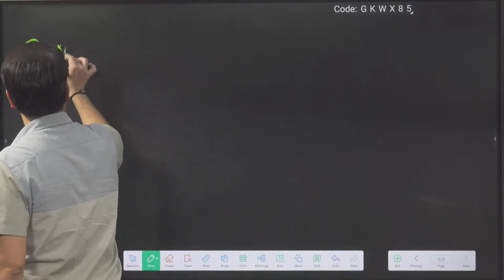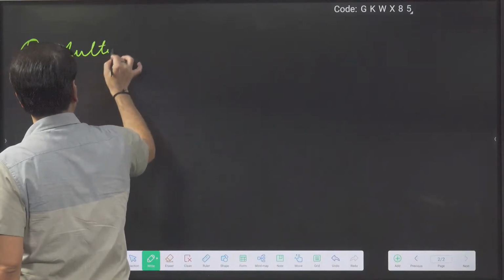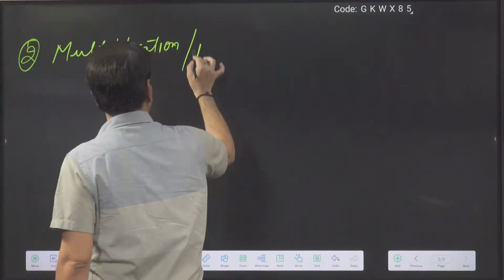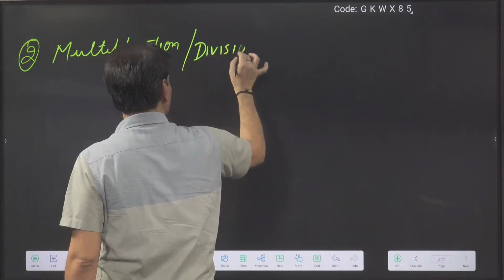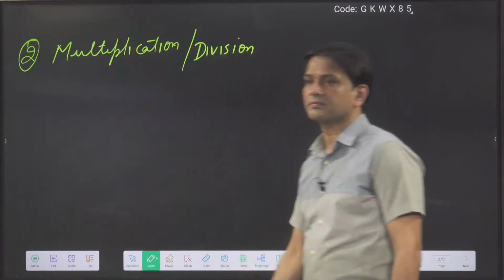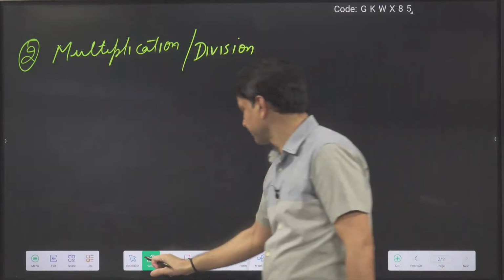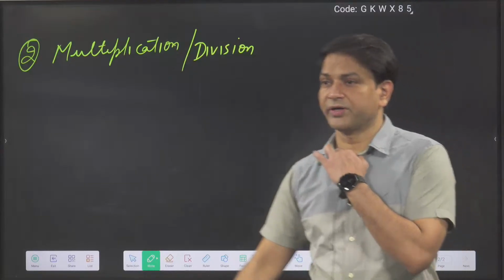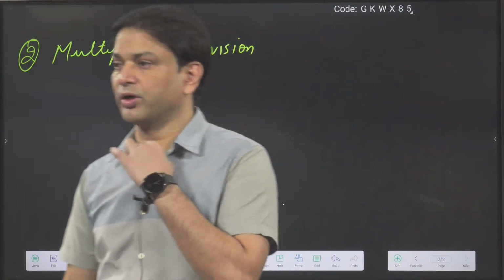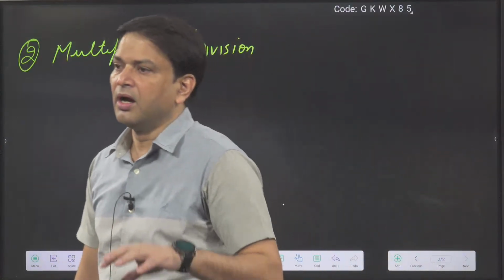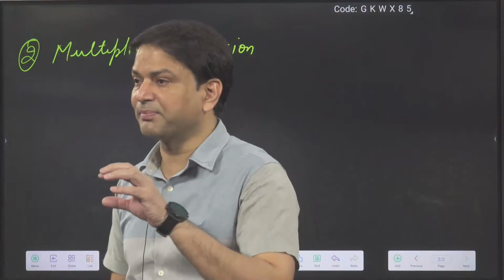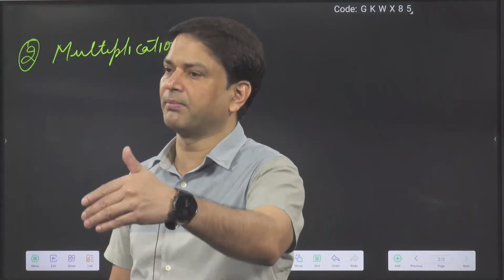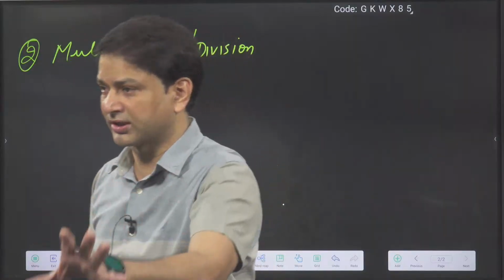Now the next mathematical operation is what? Multiplication or division. So in multiplication and division, we are checking for the significant figure. In multiplication or division, the final result will have as many significant figures as the minimum number of significant figures among all the given numbers.